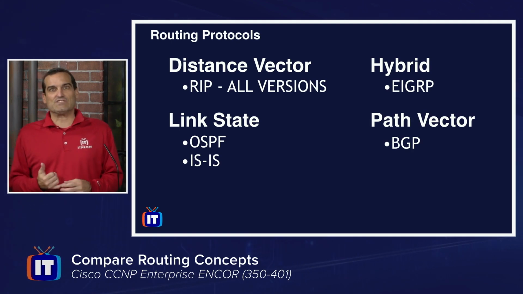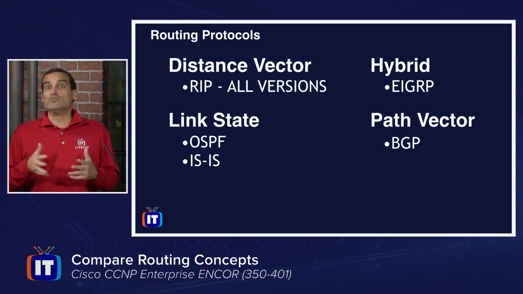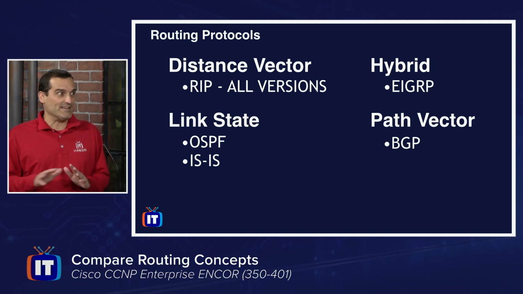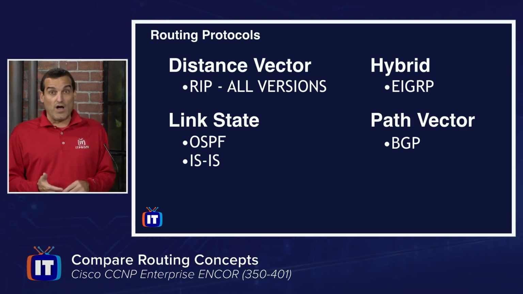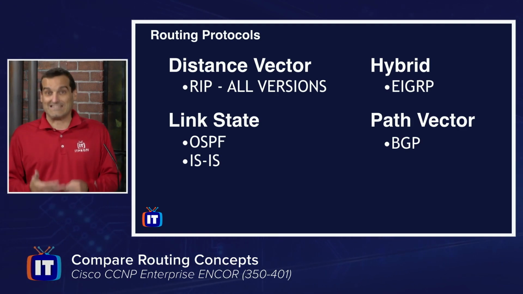Your exams from Cisco are going to rightly consider, please note, all versions. I have heard students say, oh yeah, RIP version 1 is distance vector, version 2 is link state. No. You forgot that version 1 was classful and version 2 was classless.